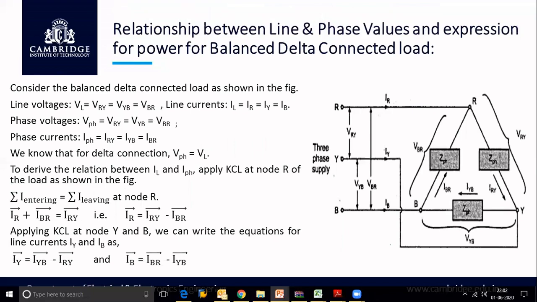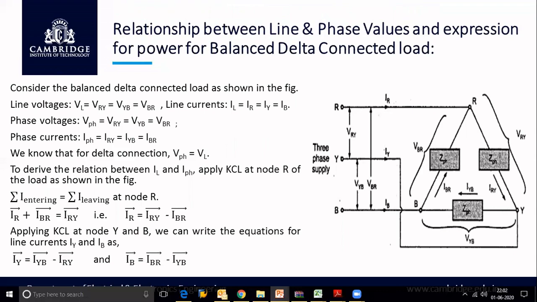Next, relationship between line and phase values and expression for power for a balanced delta connected load. The derivation follows the same analysis as we did for the star connection.